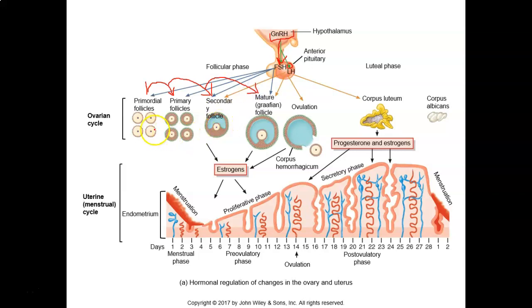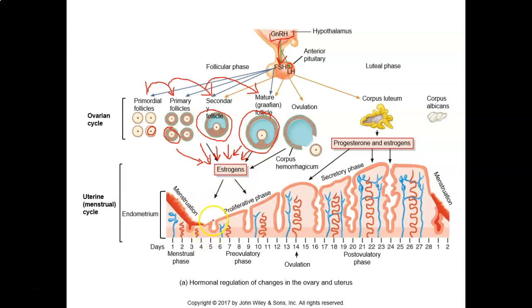As that happens, you can see the size of these follicles. It goes from this, a little bigger, even bigger, and then really big. As they develop more and more, the primordial follicles pump out a little bit of estrogen. As these follicles get bigger and bigger, they pump out more and more estrogen.